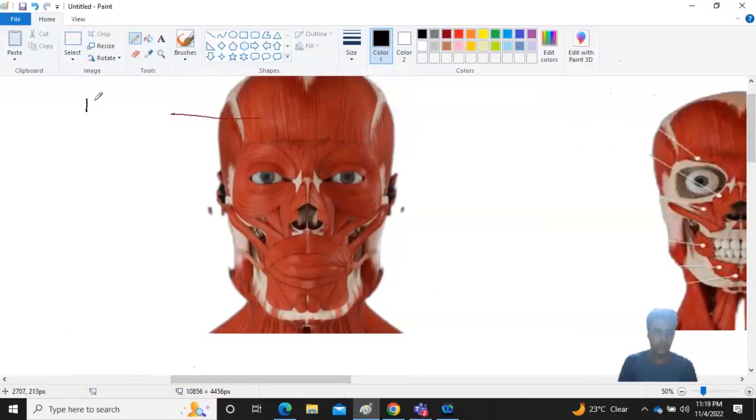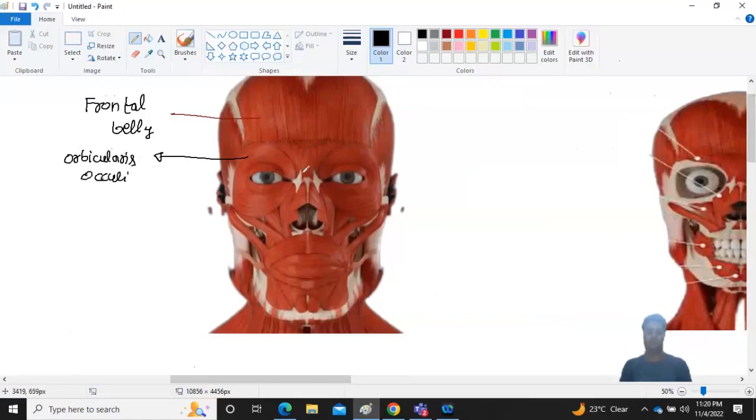So this is the frontal belly. Then this is orbicularis oculi.